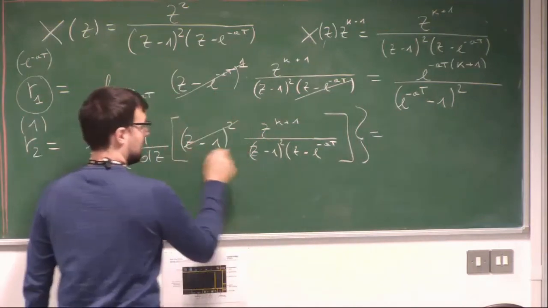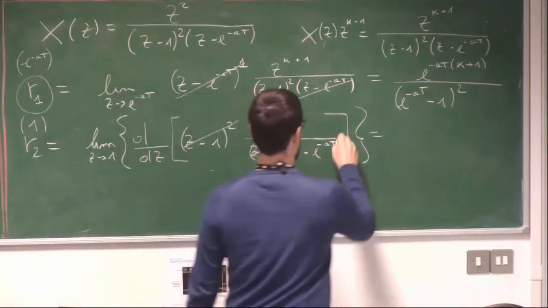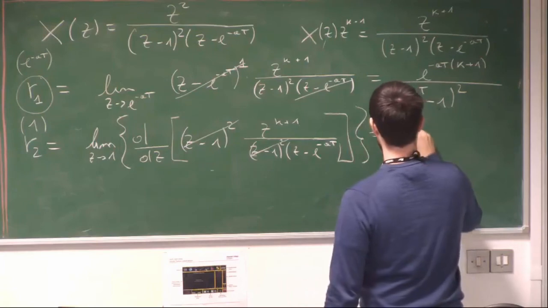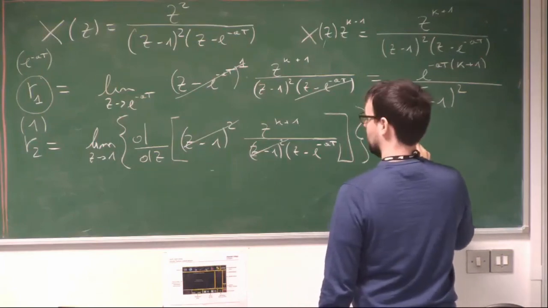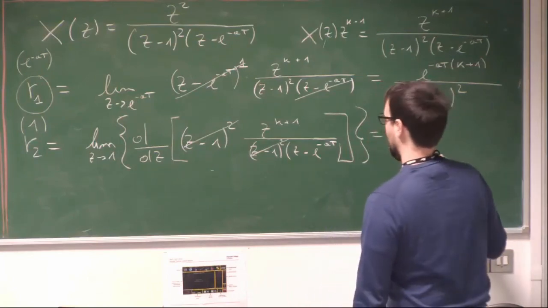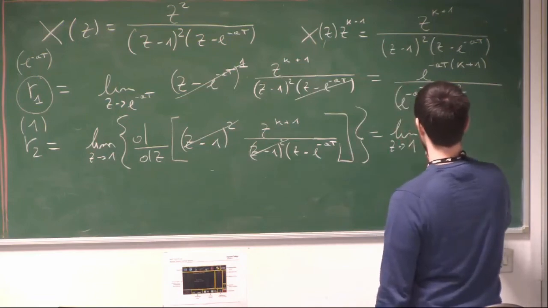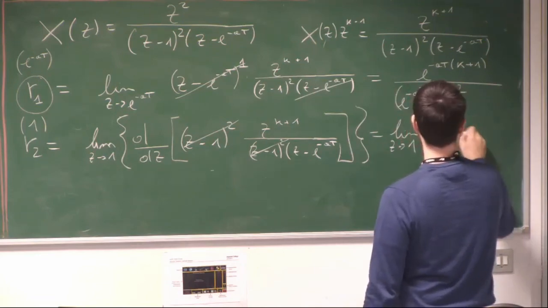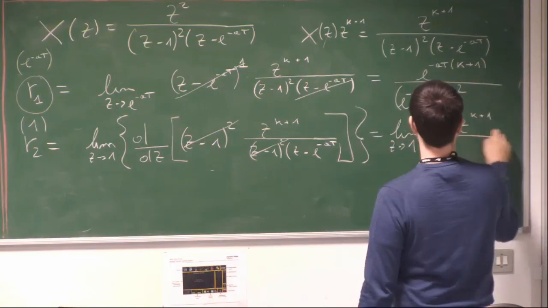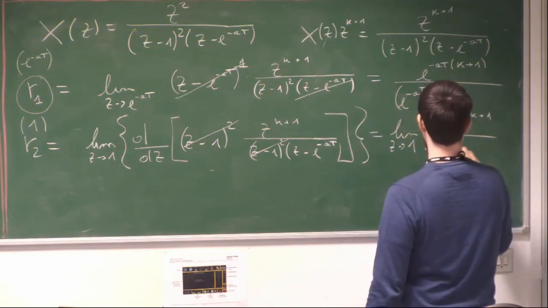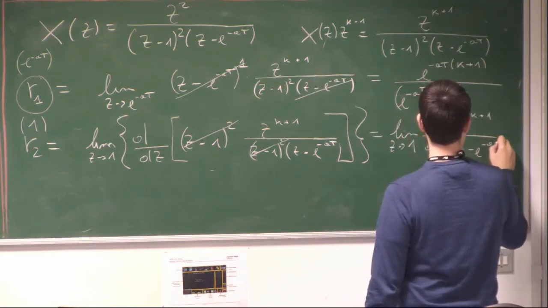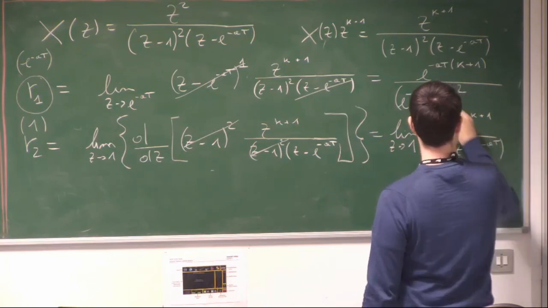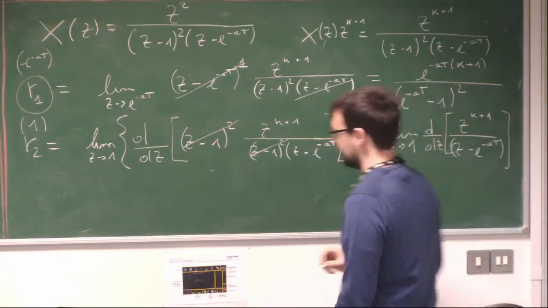So this term and this term cancel. So this is the limit with z goes to 1 of the derivative of z^(k+1) divided by z minus e^(-aT). Okay?